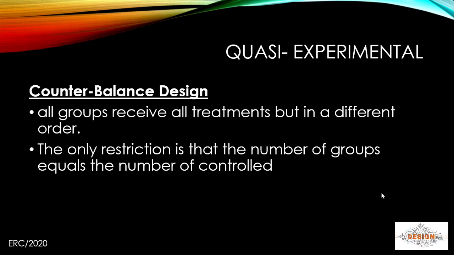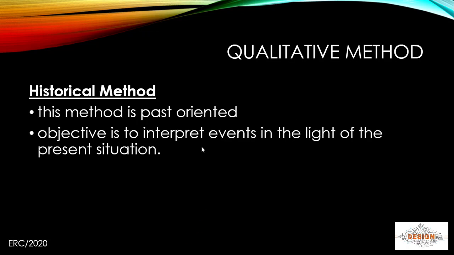In quasi-experimental designs, blocking variables like age and gender can also be counterbalanced to control their effects on the dependent variables of interest, thus compensating for the lack of random assignment and the potential confounds due to systematic selection bias. Okay, that is the counterbalance design.